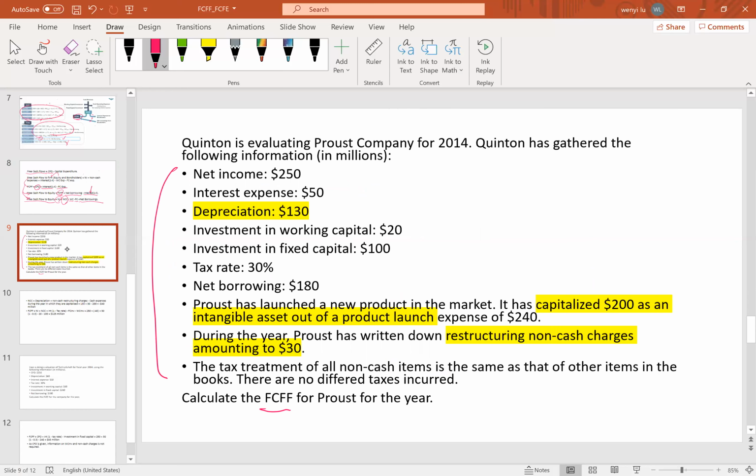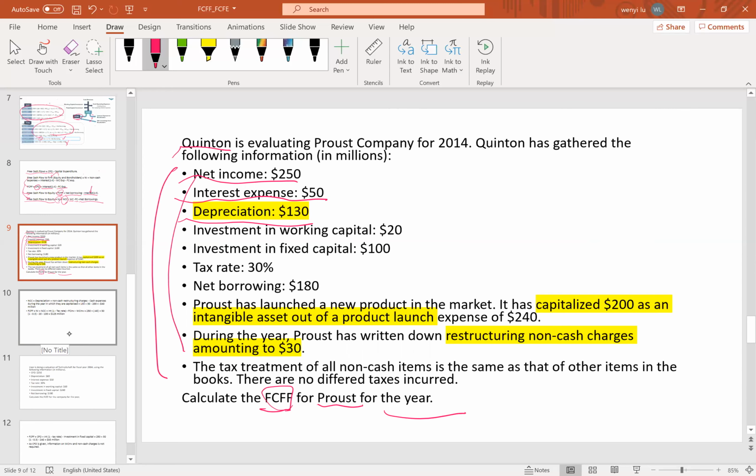So please help Quinton determine the free cash flow to the firm for this company this year. You can see this company generated net income of $250, interest expense of $50, and depreciation of 130, and also the other numbers. What's the free cash flow to the firm for this company?